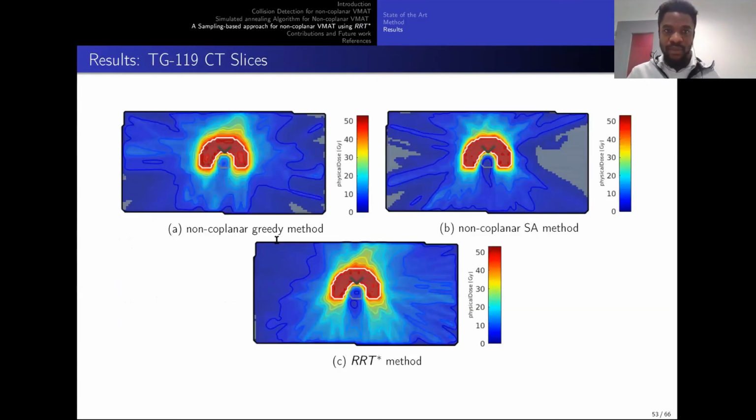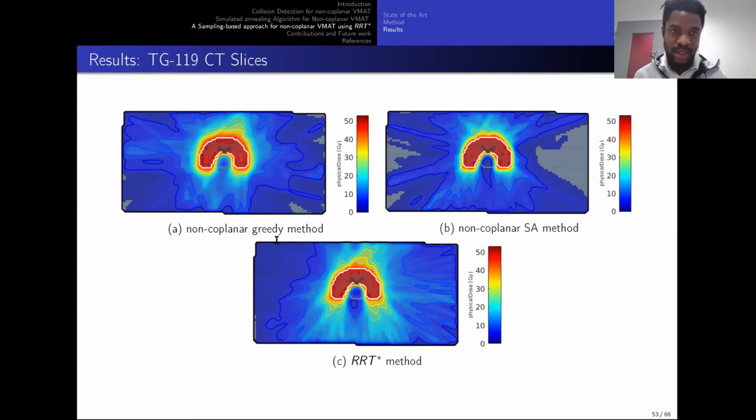The results are shown here. We see the RRT method, for example in figure C, and we are comparing it to the non-coplanar simulated annealing method that is presented and the existing greedy method in the state of the art. What we found is that generally the simulated annealing method has the best dosimetry. The simulated annealing method that we presented is much better than the RRT star method.